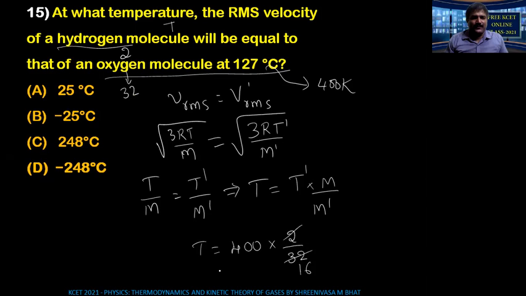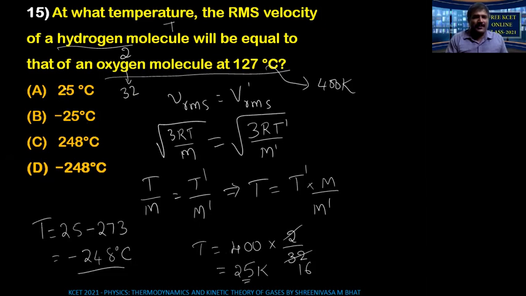Then we get here 400 by 16 is 25. And the temperature we get is in Kelvin. Now to convert this temperature from Kelvin to degrees Celsius, T equal to 25 minus 273, subtract 273. So minus 248 degrees Celsius. Obviously 25 is there in the answer option A, but it is in Kelvin, it cannot be the answer. Option D is the right choice.